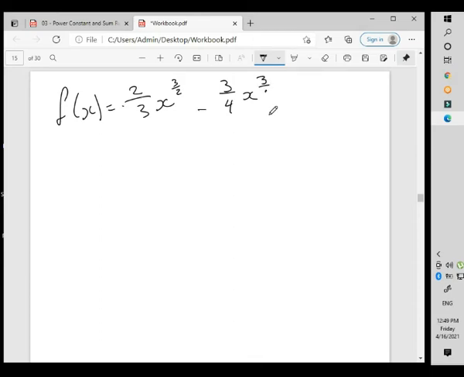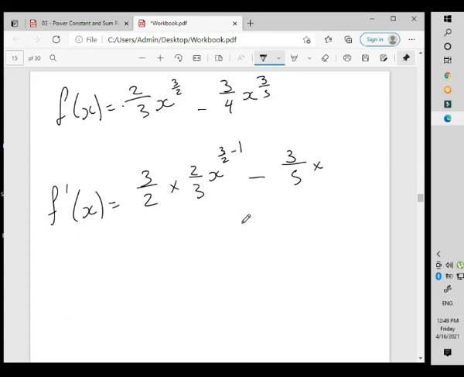They really amped up here. So let's get into it. This is going to be 3 over 2 times 2 over 3 x. Write this part properly. And this is x to the 3 over 2 take 1 minus 3 over 5 times 3 over 4 x to the 3 over 5 take 1. Let me just work out the powers first.